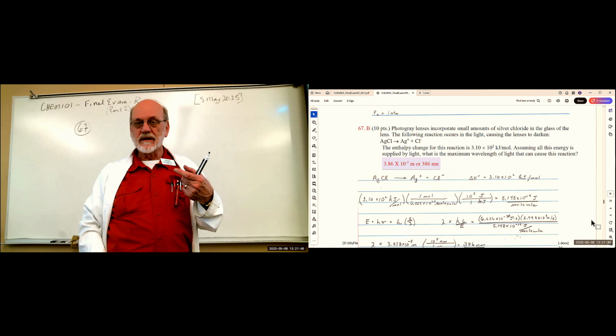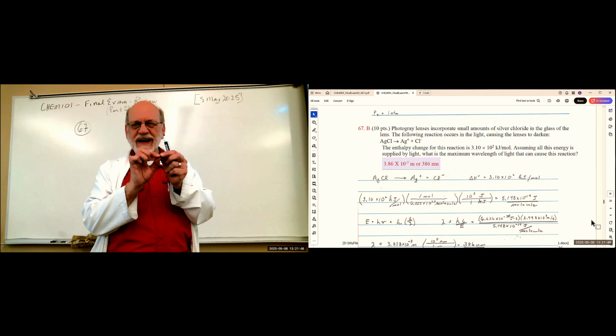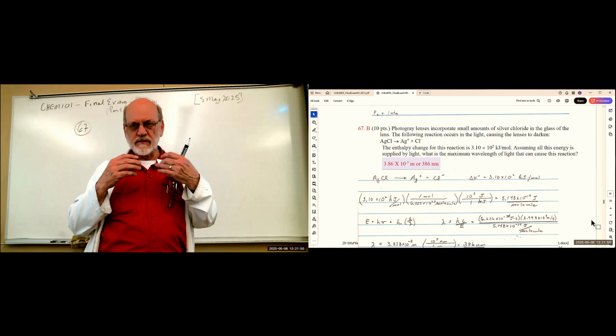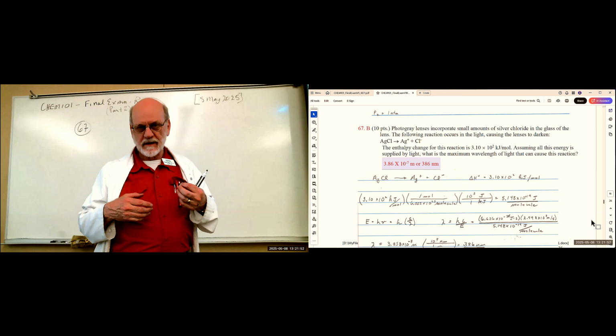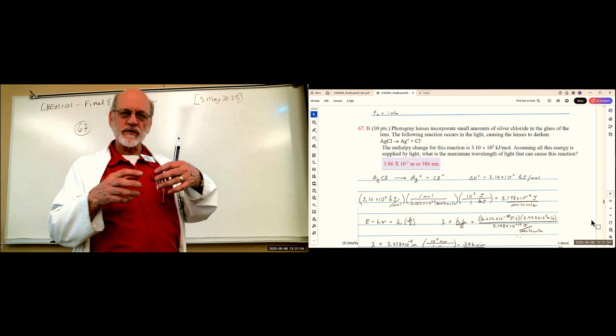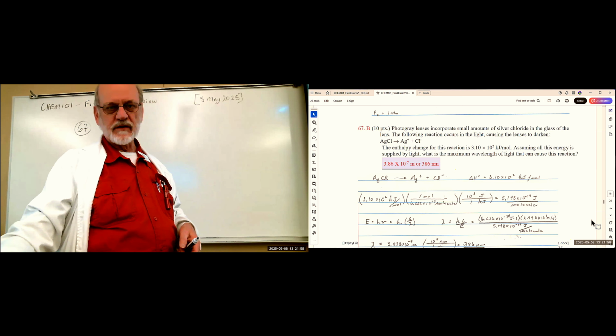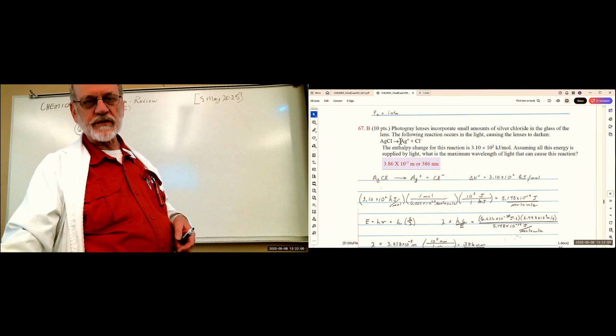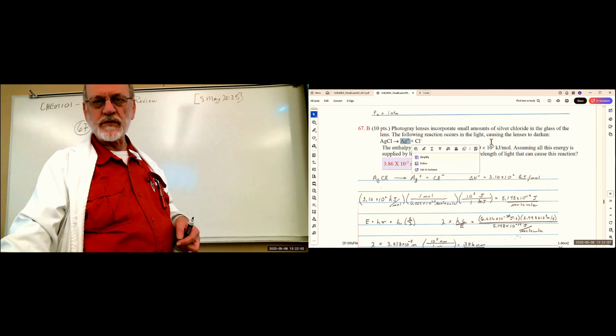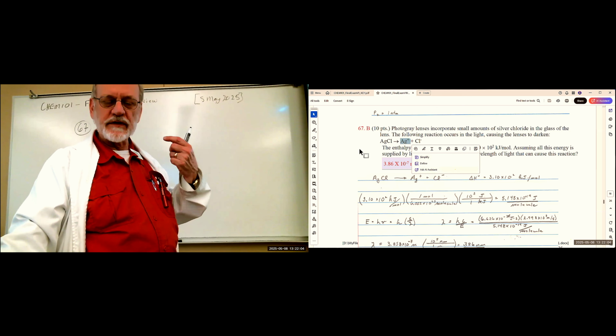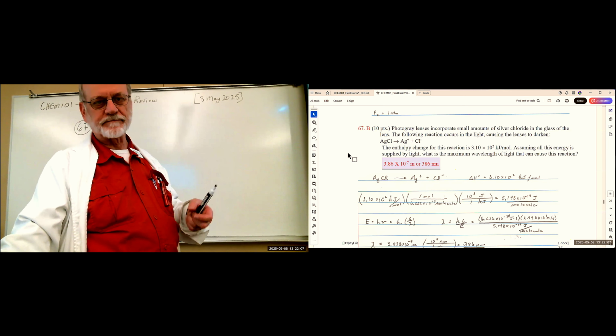And silver metal, when it's very finely divided, is black. So the stronger the light, the more silver chloride dissociates to make the lens dark. So the darkness is due to the silver that's produced as a consequence of the dissociation of silver chloride.